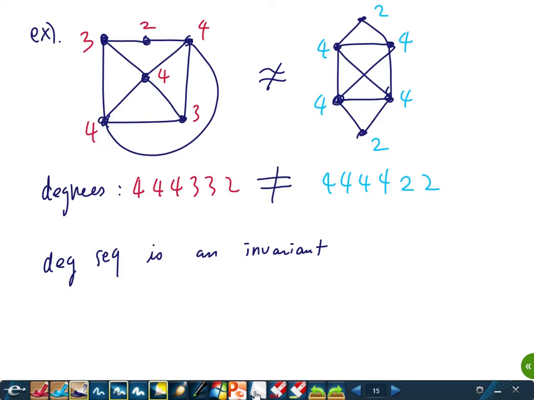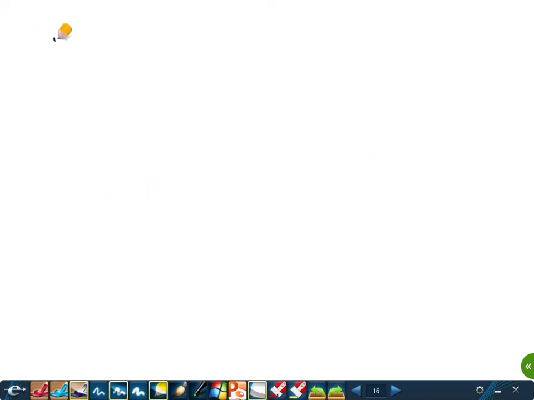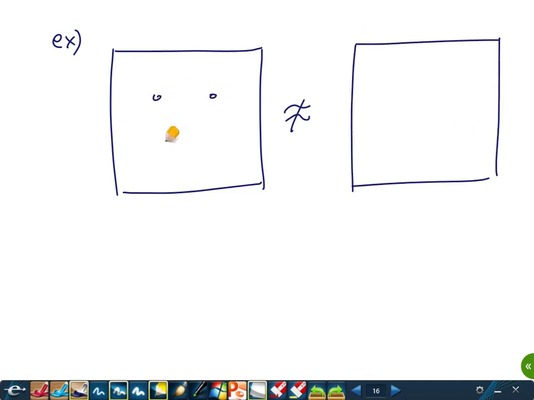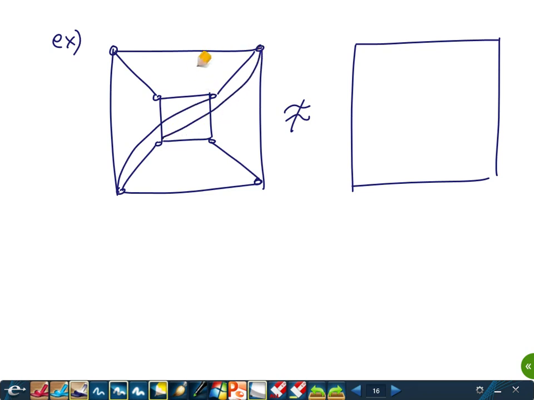So for example, let me give you an exercise. Maybe you can do this: try to show that these two graphs are not isomorphic. Both have 8 vertices. You need to find an invariant.